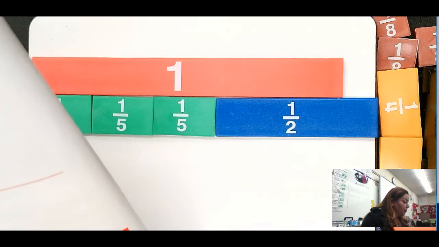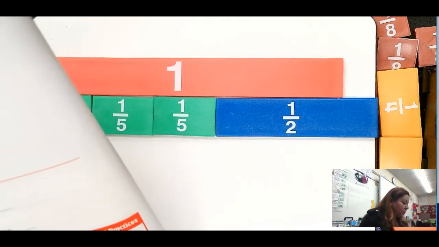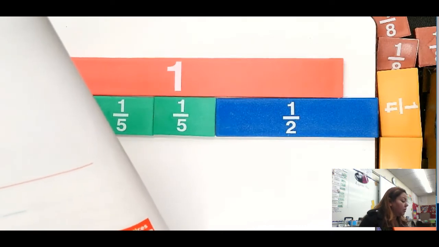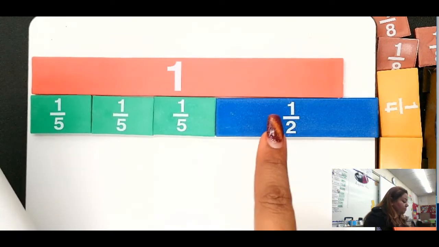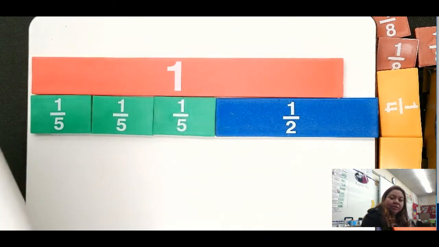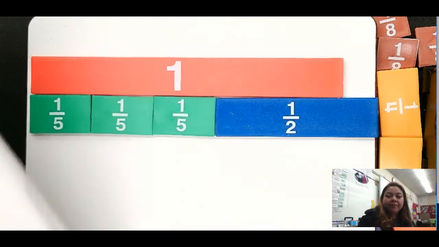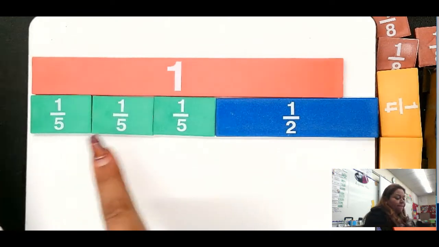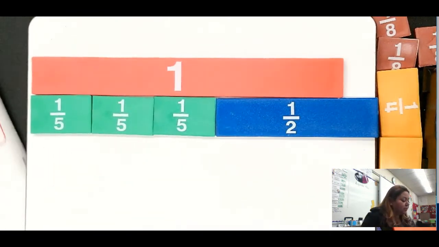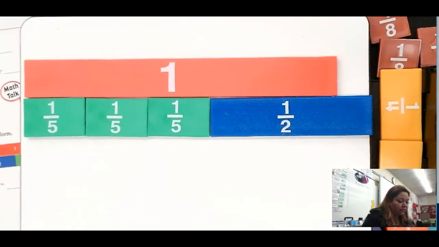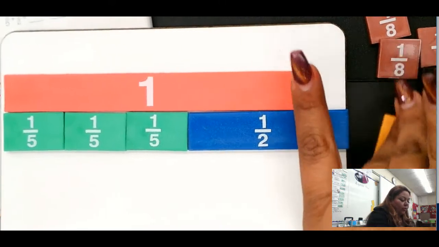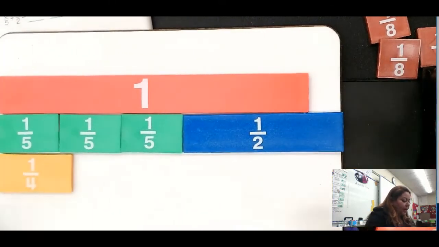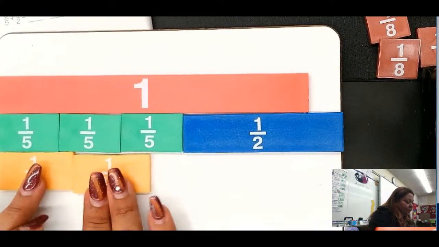Alright, so now what we're going to work on is we're going to find fraction strips all with the same denominator that will be equal to 3/5 plus 1/2. Okay, I want you to explore it yourself, so pause the video and try to find the strips that will make it fit. So let me just put an example, not giving you the answer, but just giving you an example. Okay, maybe you want to try with your 1/4 strips. Okay, and put them all under.